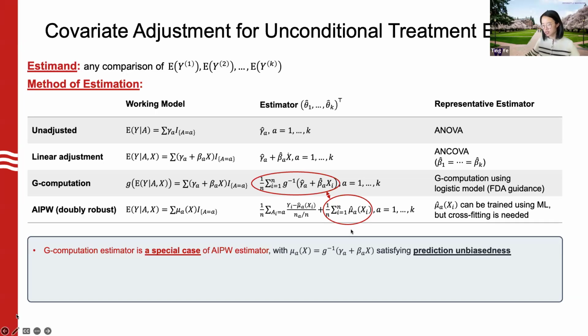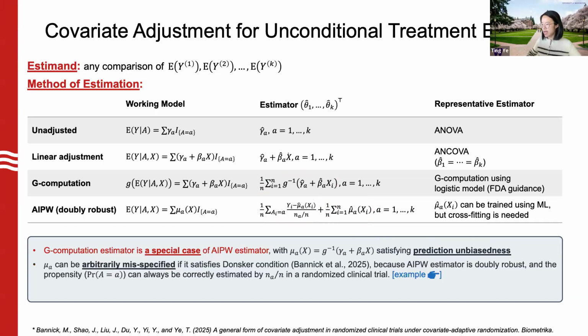So we can see that the G-computation estimator is also a special case of AIPW when we have this model satisfy prediction unbiasedness, which means that this correction term will exactly be 0. But if G-computation has bias, then this term will not be 0, but the AIPW will be correct and G-computation is not.